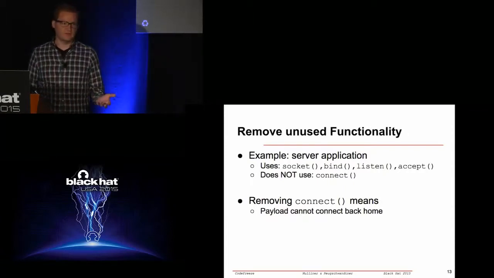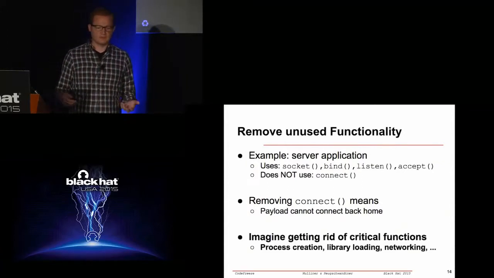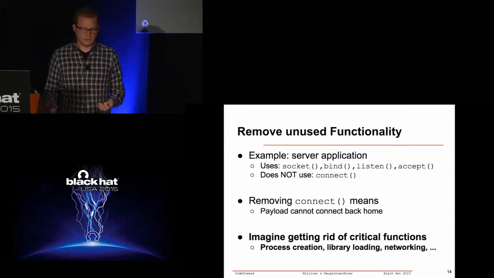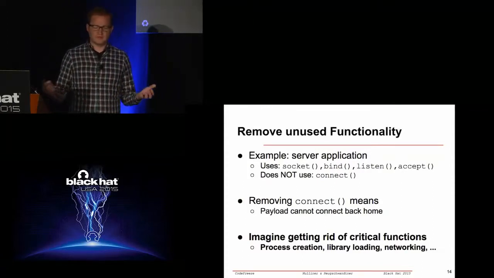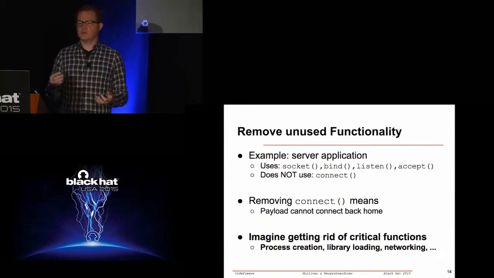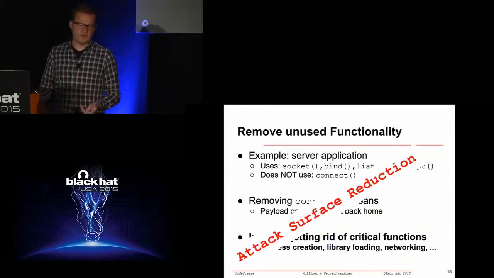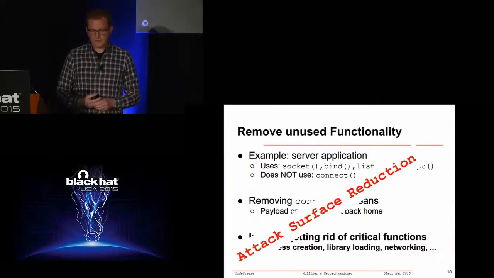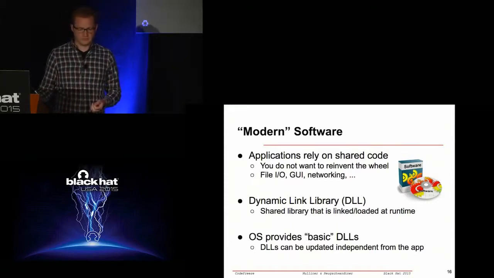And this says, hey, if we can do this in a very universal way, removing unused functionality, we should have a really cool security improvement in general. So then we thought, hey, it would be really cool if we can remove stuff like process creation, library loading, networking from applications that actually don't use it, to really reduce the attack surface that is present.